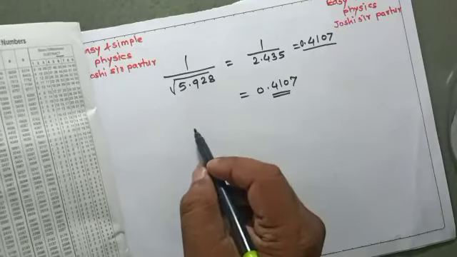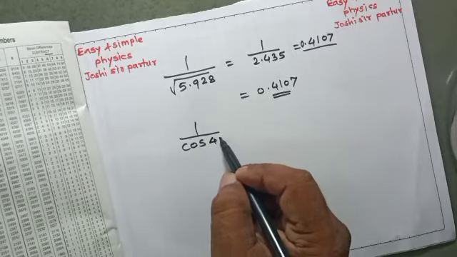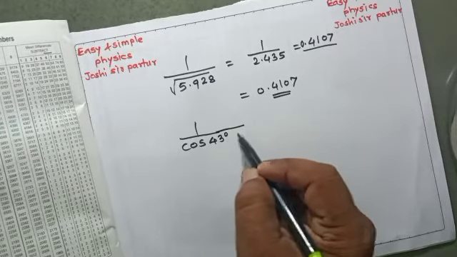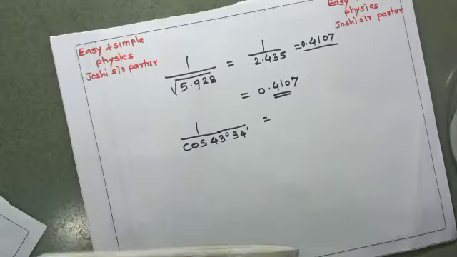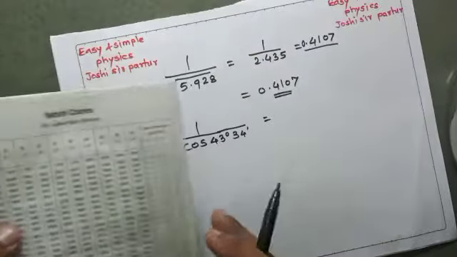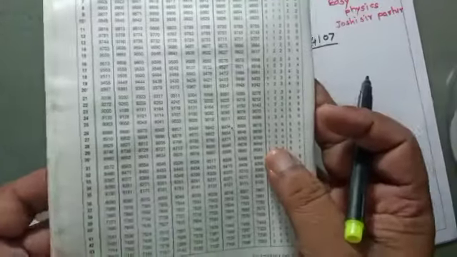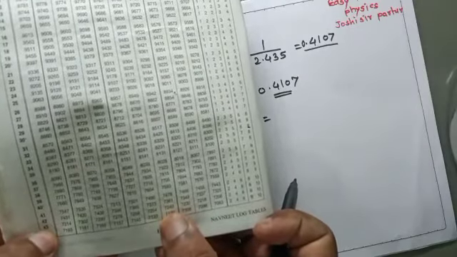Suppose the reciprocal of cos 43 degree 34 minute is given. So what happens? We see the natural cosine. In this natural cosine, we see 43 degree and 34 minutes.